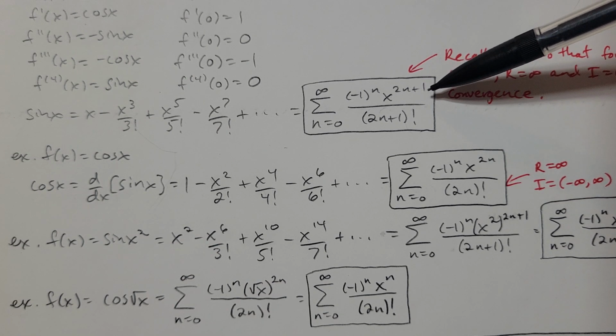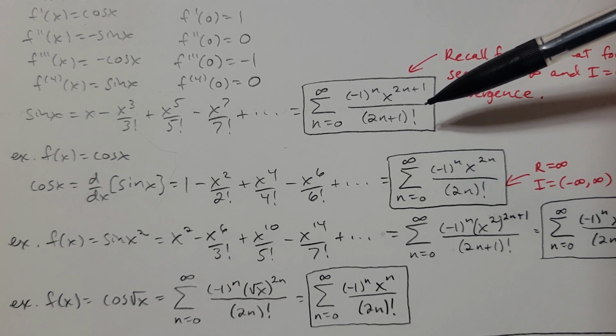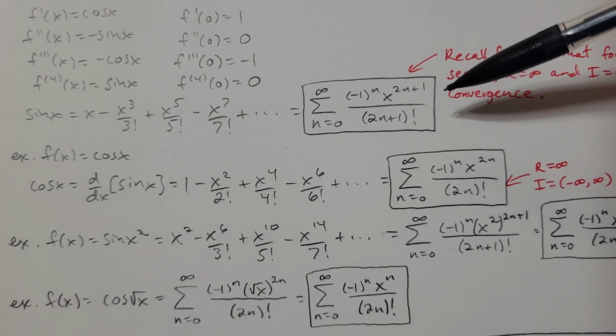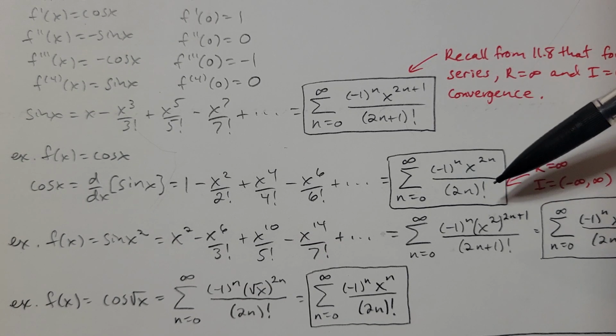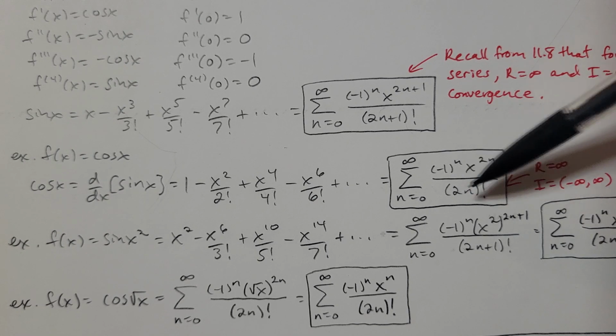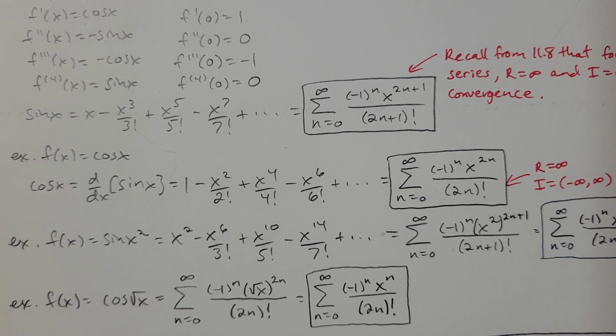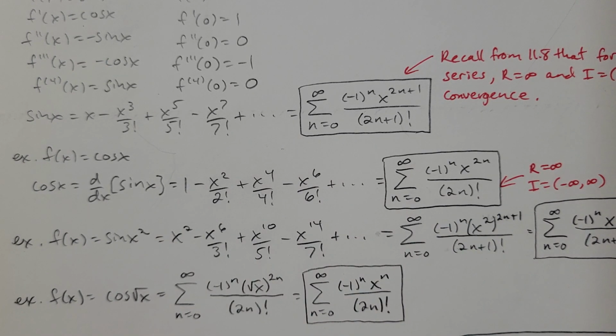The 2n plus 1 that came down is going to cancel with the first term in the factorial. 2n plus 1 factorial is the same as 2n plus 1 times 2n times 2n minus 1 times 2n minus 2, and so on. So the 2n plus 1's cancel, leaving me with 2n factorial in the denominator. So this would be a formula for cosine of x.